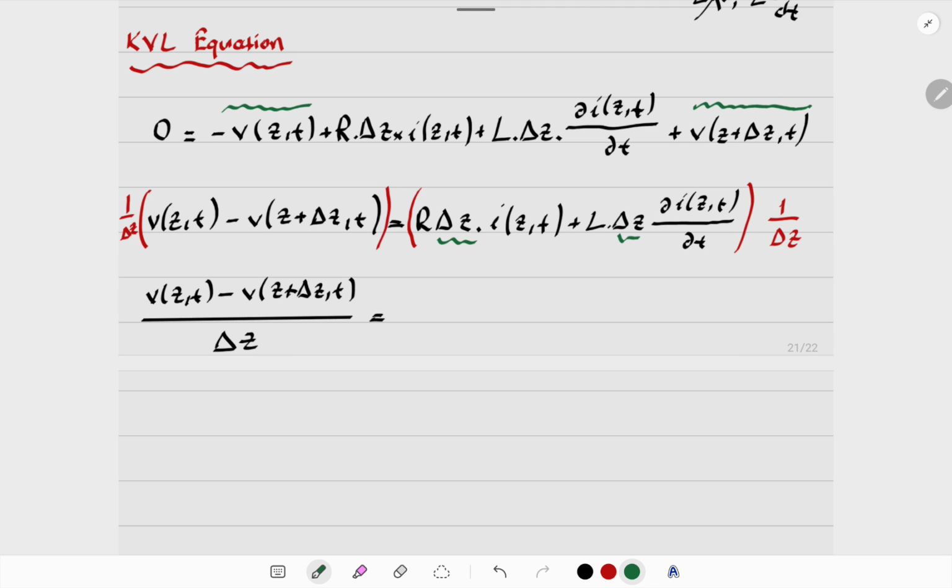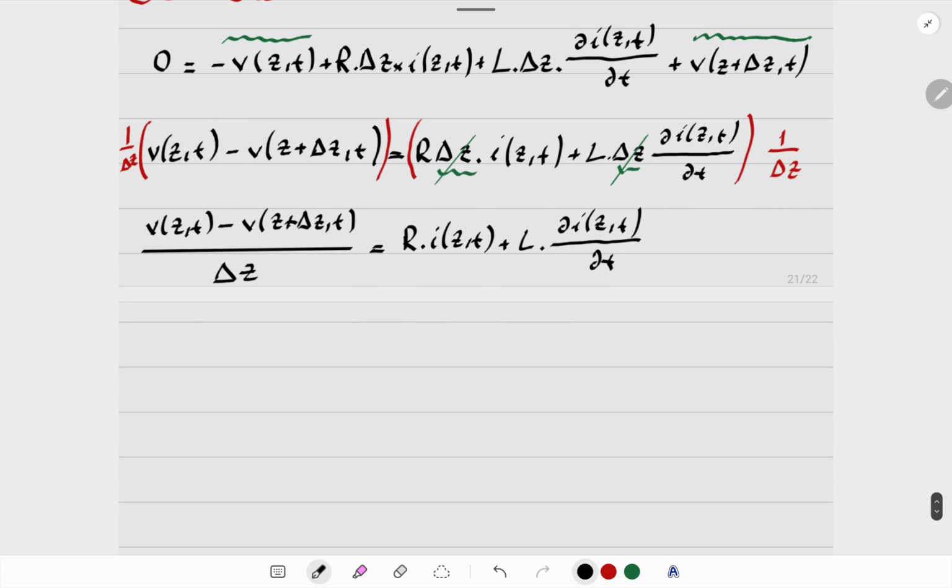If we divide by Δz, we get rid of these two different Δz's, and what remains is R times I(z,t) plus L times ∂I(z,t)/∂t.